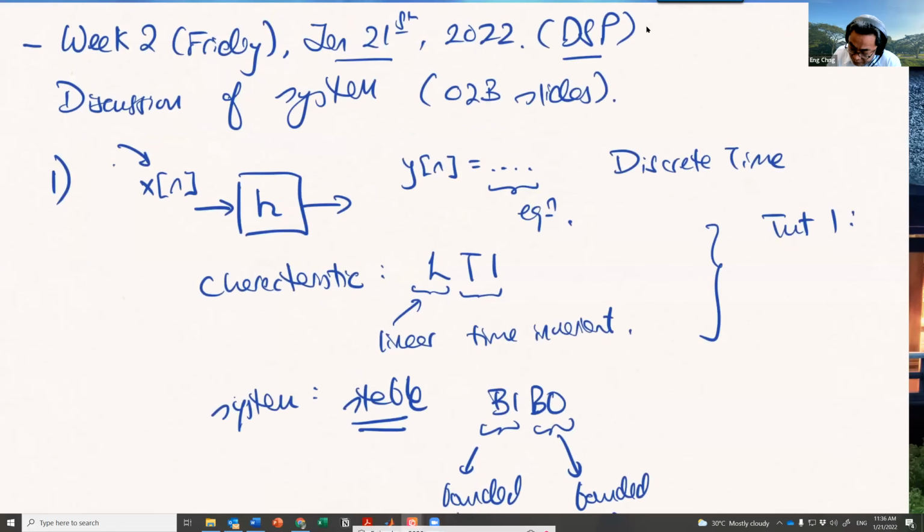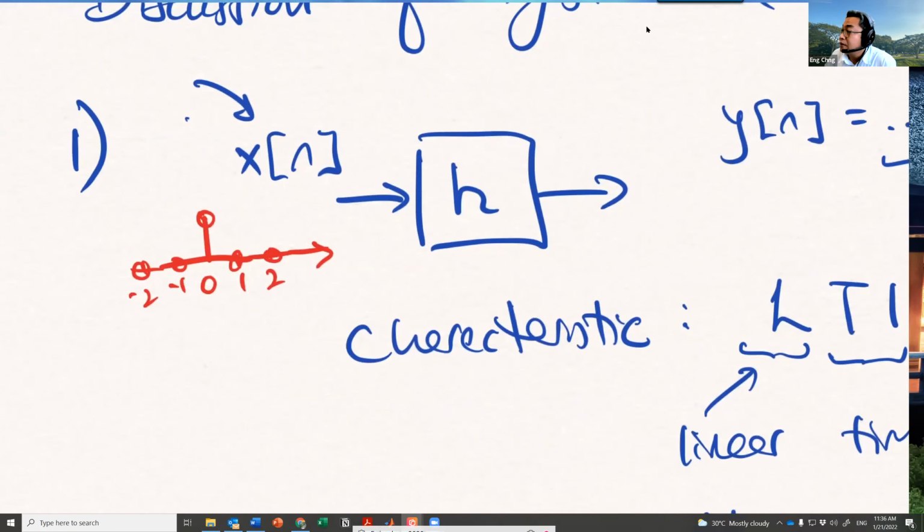Among all the input that I can send, this is the most interesting one. And what does it look like to you guys? Can you type? Yeah, what do you think this signal is?